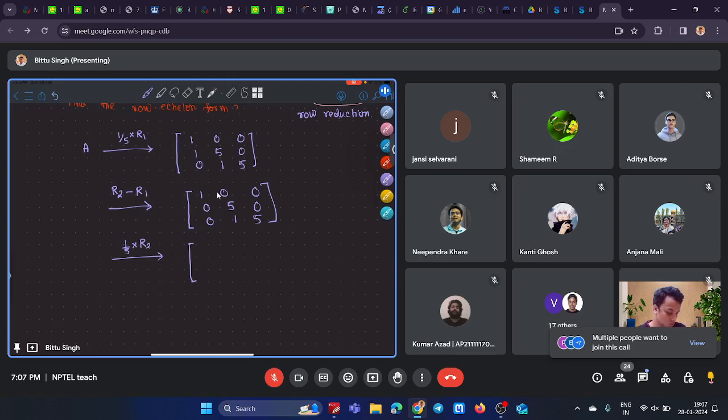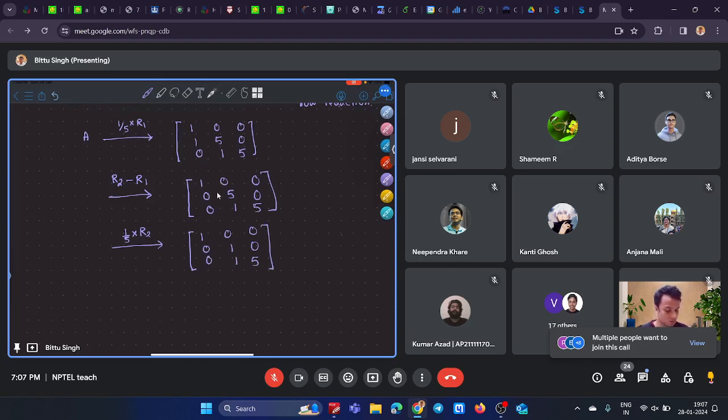Now it becomes 1 0 0, 0 1 0, 0 1 5. Since the second column contains leading entry 1, the other elements in this column must be 0, but this element is non-zero.